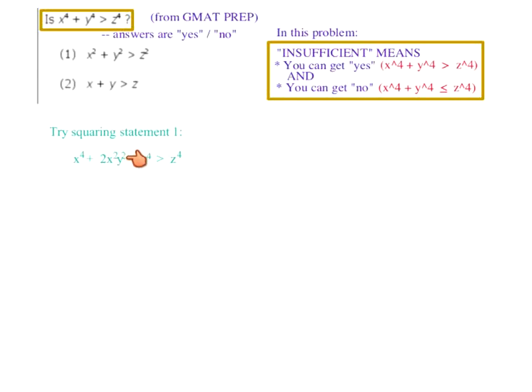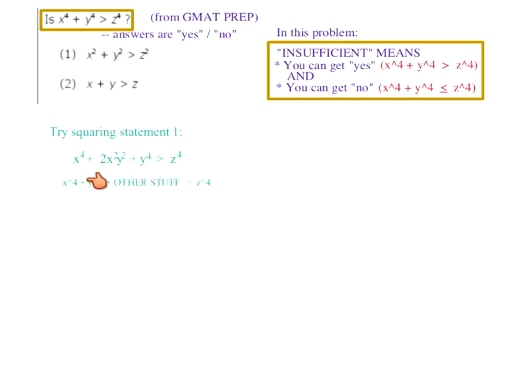So the problem is that this is an extra term. There's no way to just neatly kill this term. So this is x to the 4th plus y to the 4th plus other stuff is greater than c to the 4th. That's not proof that x to the 4th plus y to the 4th is not greater.